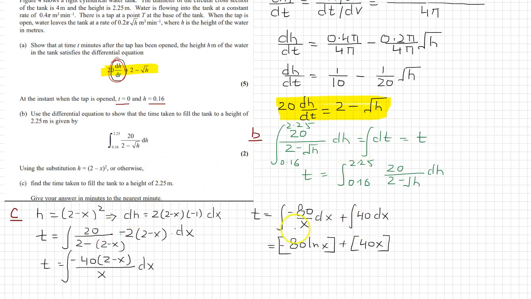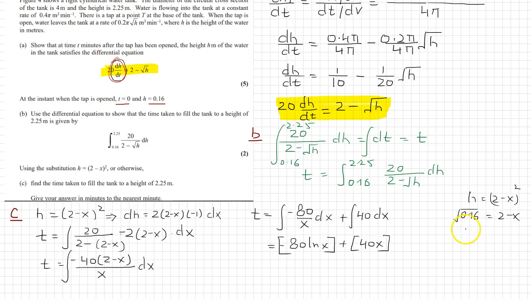Now the limits. h is equal to 2 minus x square. So h is 0.16. So 0.16 root is 0.4, which is equal to 2 minus x.